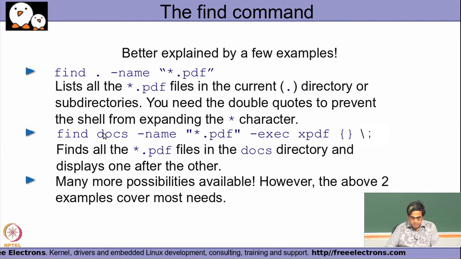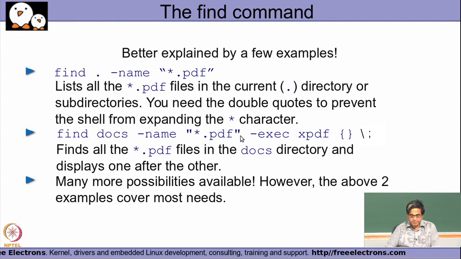Find docs minus name star.pdf minus exec xpdf open braces close braces, then there should be a backslash followed by a semicolon, right. Now, look at this here: find docs. In this particular example, inside this docs directory find files. What files does it have to find?